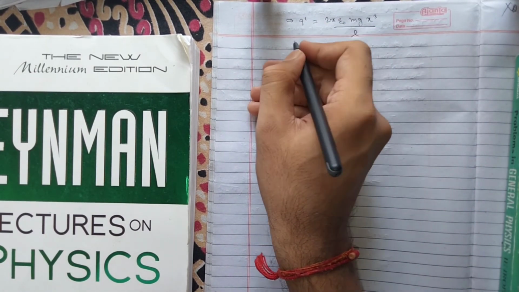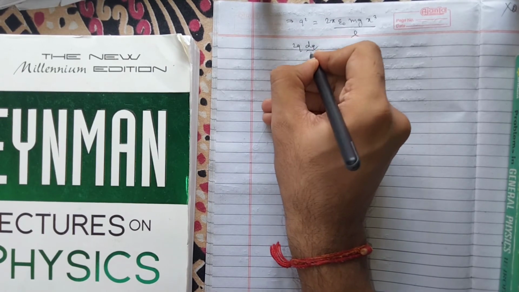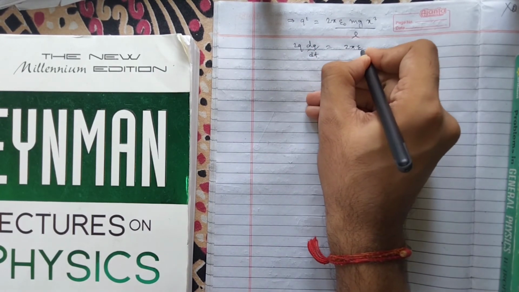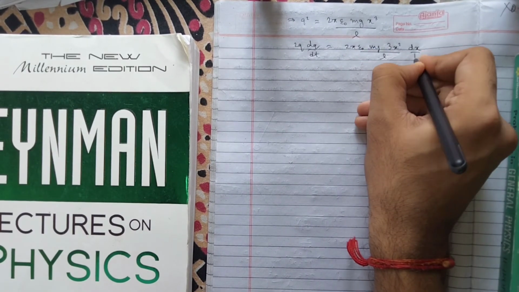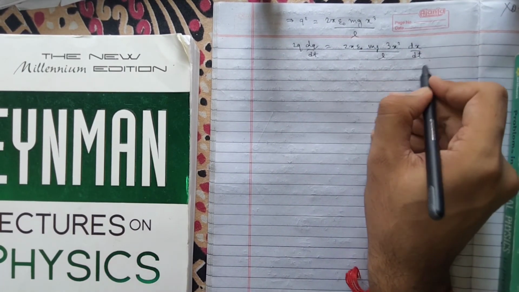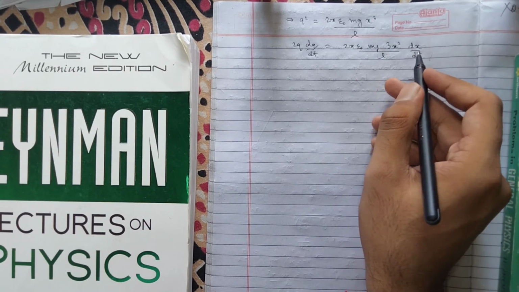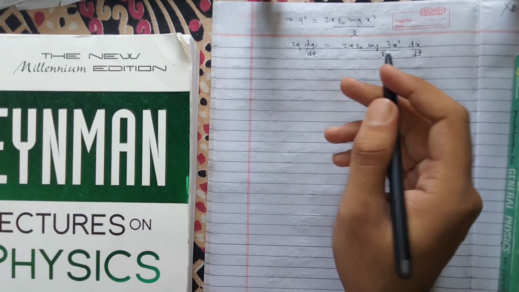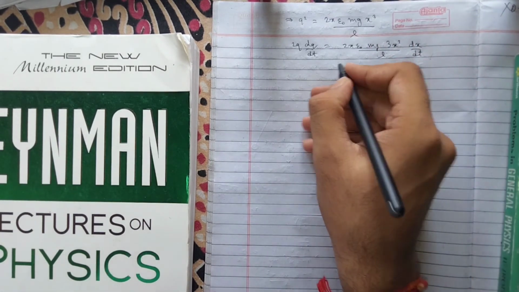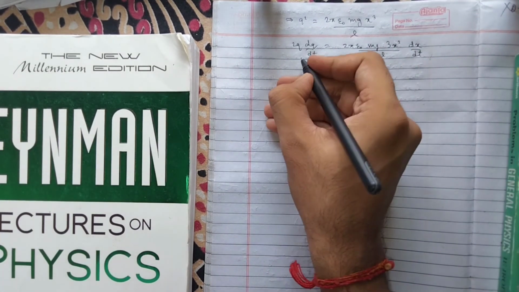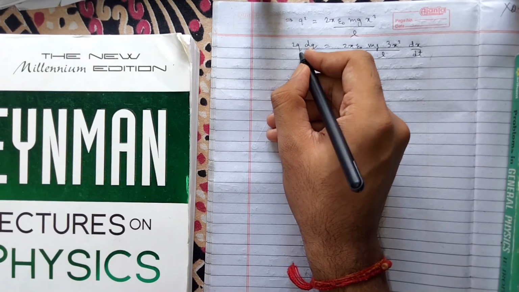Now differentiate this term. This dx by dt is the velocity term, and we already know how the approach velocity is as a function of x. So we simply place its value here. We also know what q is.